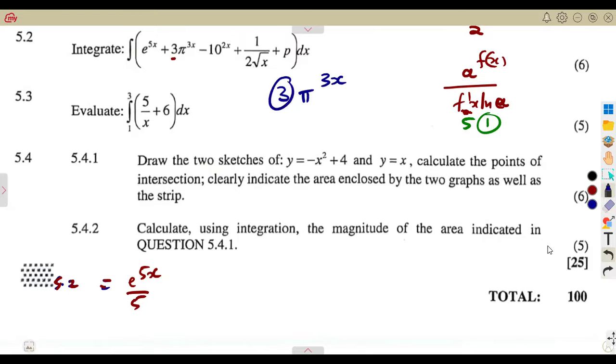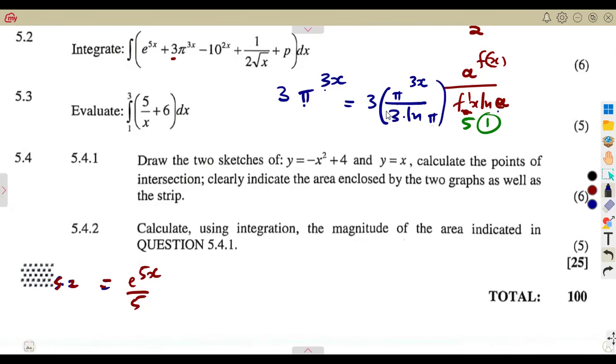So 3 is a constant, just going to multiply the answer that we are going to have, which is a to the exponent of this, pi to the exponent of 3x over what? The first derivative of this 3x, which is 3, times the ln of a, which is our pi in this case, so the ln of pi.